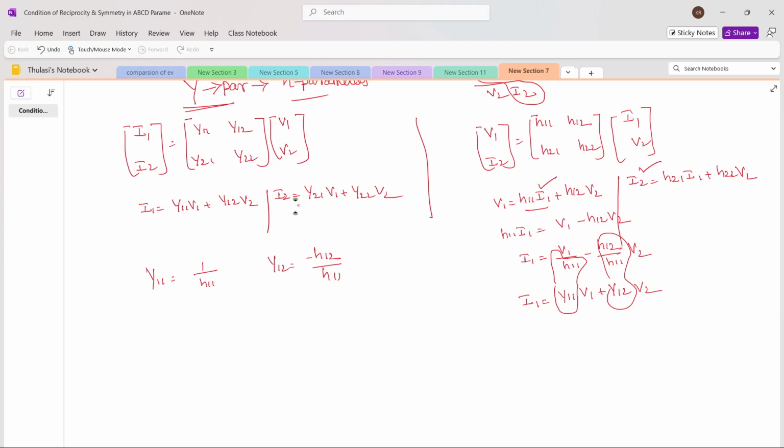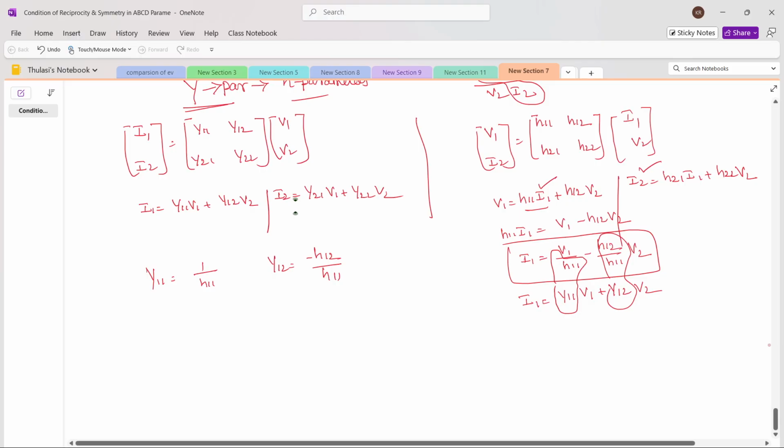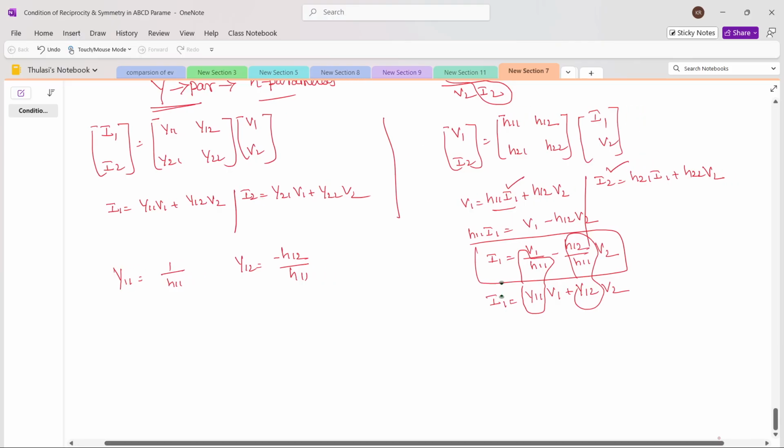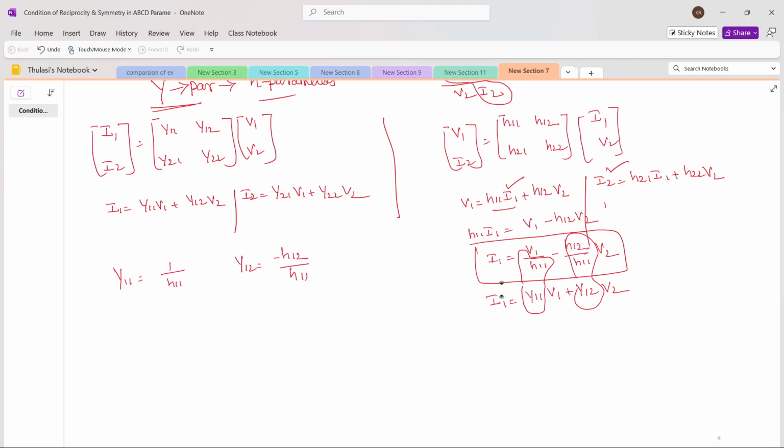Similarly, you expressed I1 in terms of V1 and V2. Follow the same strategy here. Here I require I2, and the unknown term is V2. I1 is completed. Now we require the equation of I2 in terms of V1 and V2.